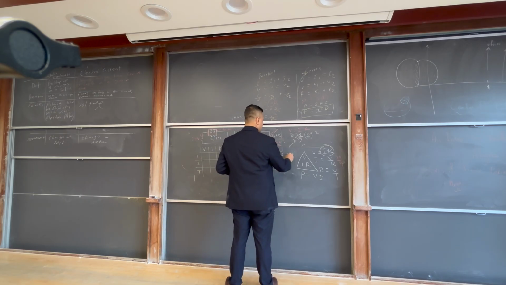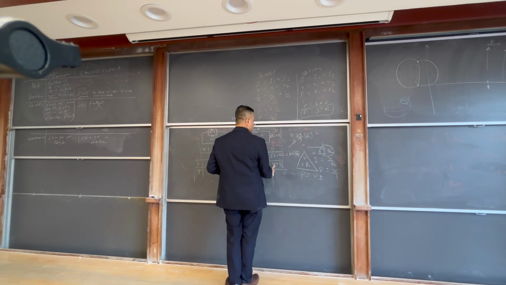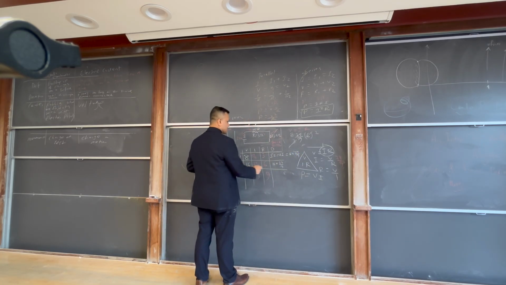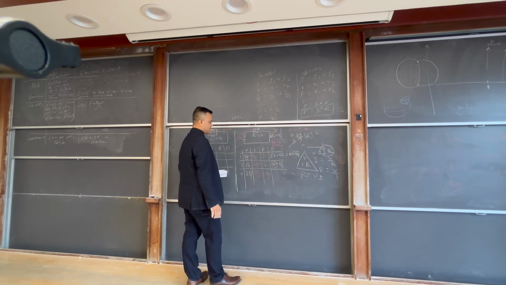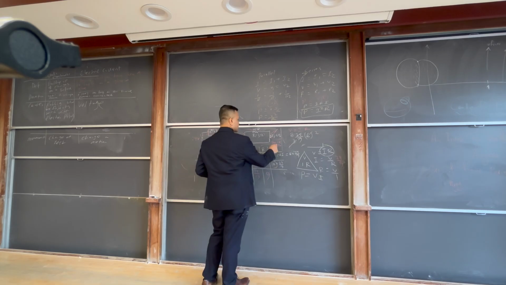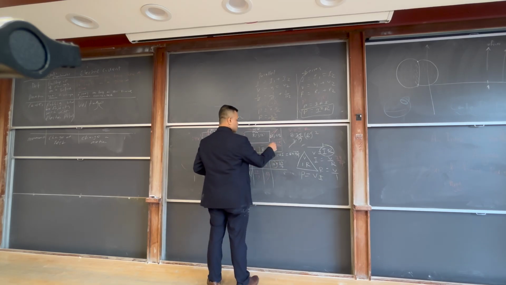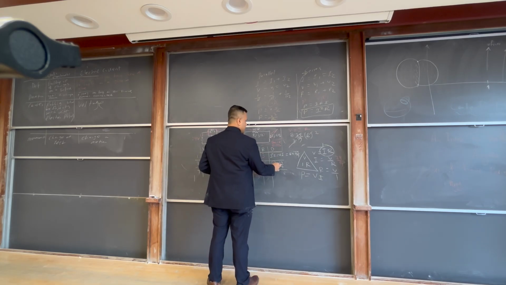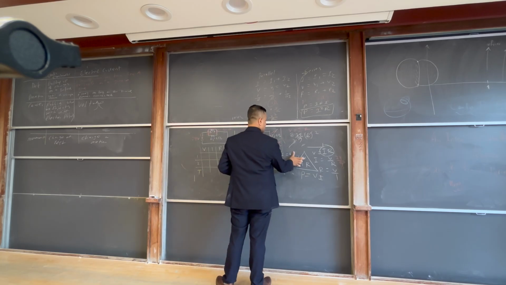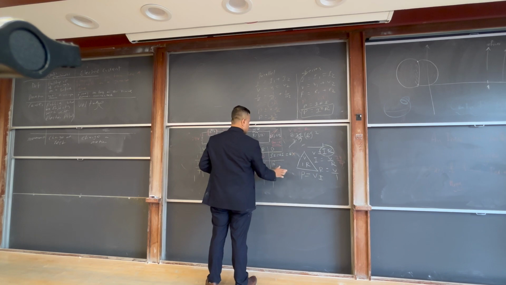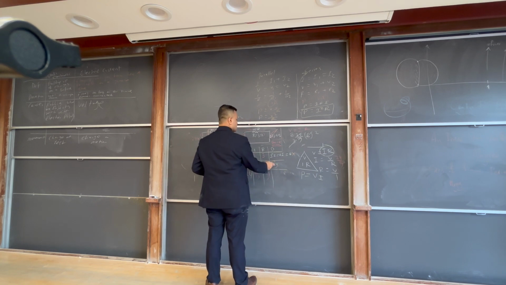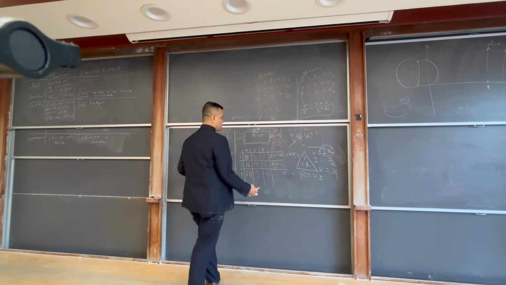Wow. 8 times 24 over 9 and 16 times 24 over 9. As you see, this one is twice as bright as that one, and that's exactly what we said. If this is 8x, then this is 16x, so it's twice as bright. There you go.